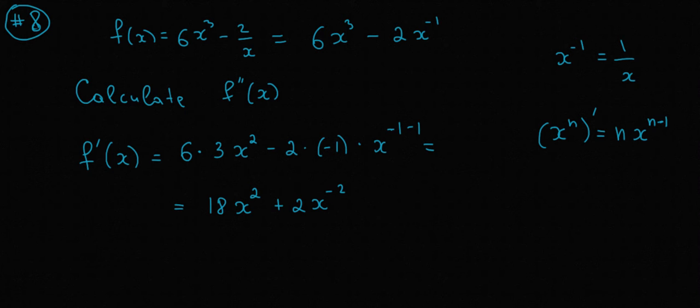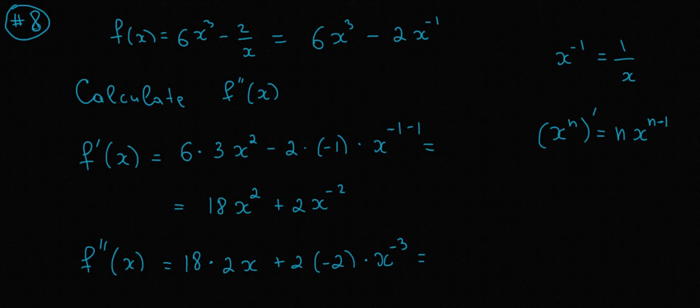This is our first derivative, and now we differentiate one more time. So basically repeat what we just did one more time, with the first derivative as our starting point. And we get for the second derivative 18 times 2x plus 2 times negative 2 times x to the power negative third power.